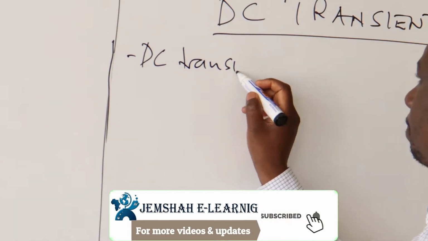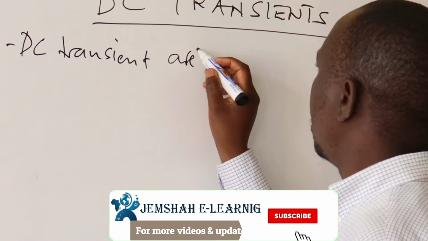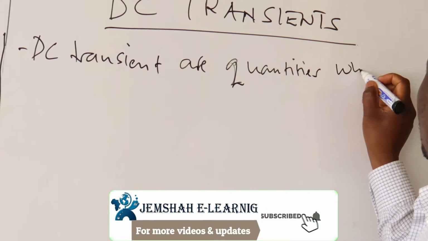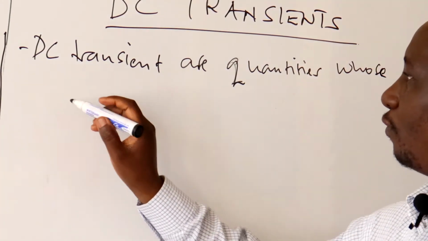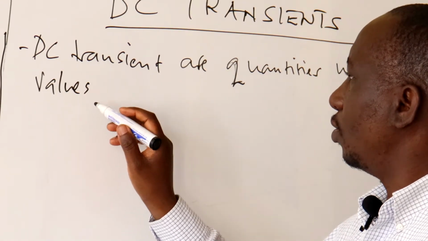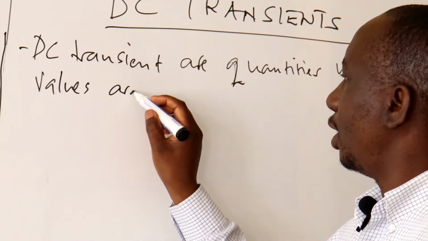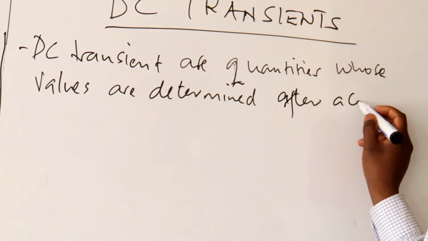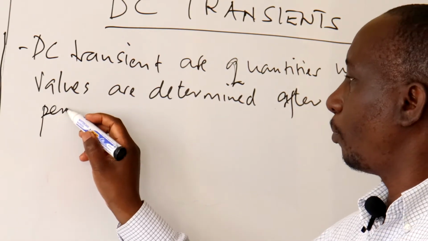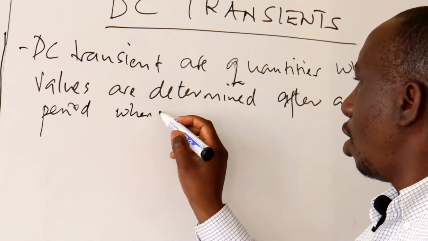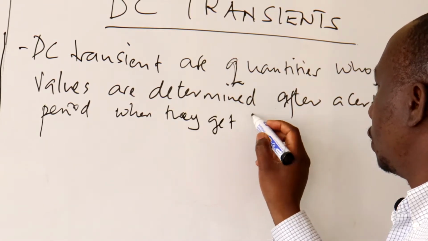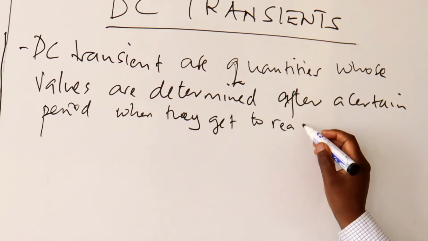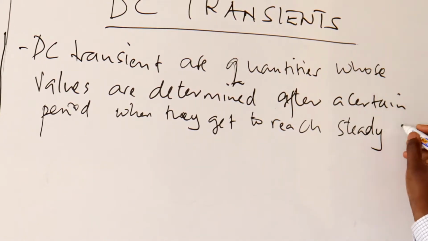DC transients are quantities whose values are determined after a certain period, when they reach steady states.